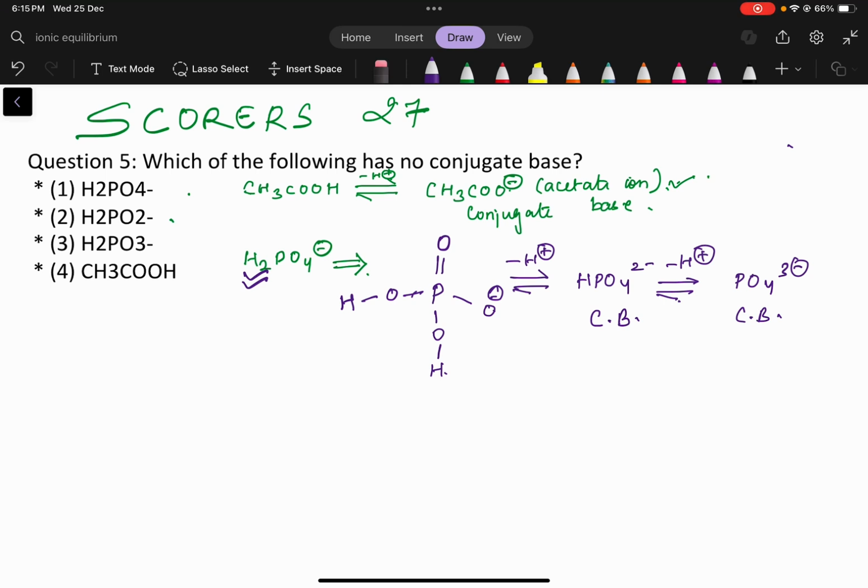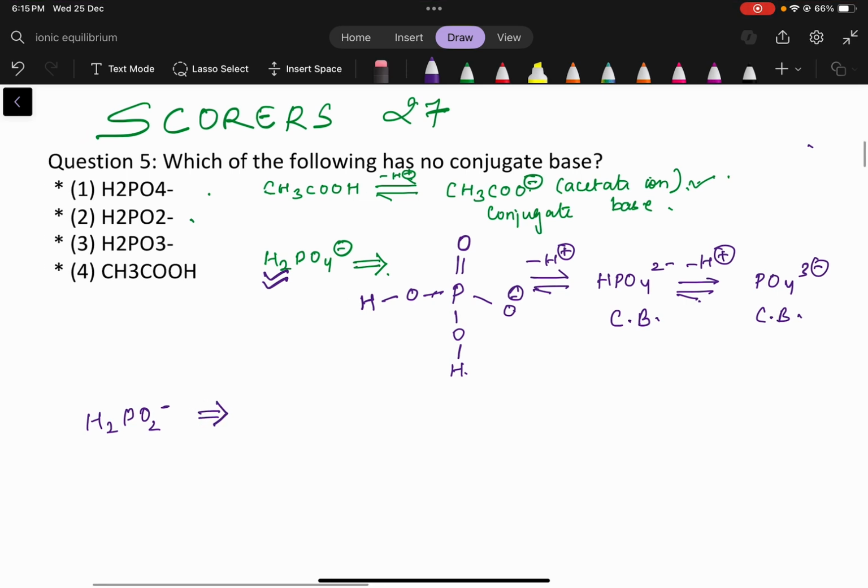Now let's analyze the second one, that is H2PO2 minus. H2PO2 minus is also known as hypophosphite ion or hypophosphorus acid or hydrogen phosphide, right? Let's first draw the structure of H2PO2 minus.